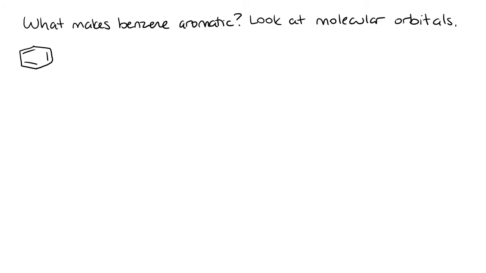So what makes benzene aromatic? Well, let's go ahead and take a look at its molecular orbitals that are involved in holding the pi electrons. Now, benzene contains 6 carbons. Each carbon has one p orbital containing 1 pi electron.